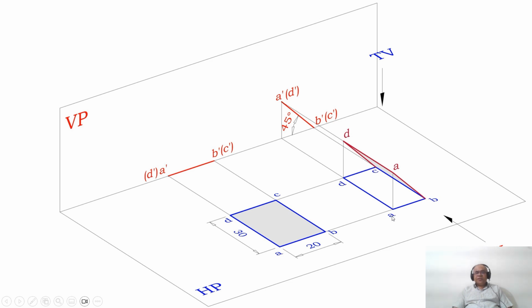What is the apparent length? So here AB will not be 20 and CD also will not be 20, but AD and BC will have 30 mm. So this is how you will be able to read the drawing in the second position, front view as well as top view.